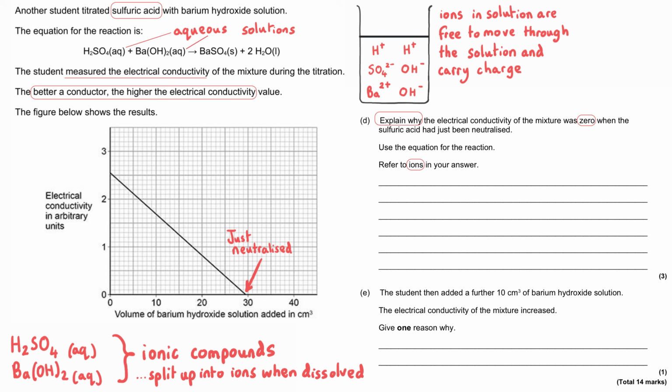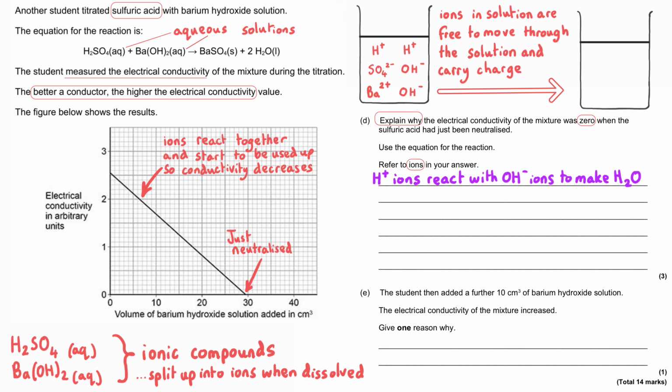But when they start to react together, the hydrogen ions will react with the hydroxide ions and they will produce water. And water is a covalent substance. It's made up of molecules, and so it has no charge.